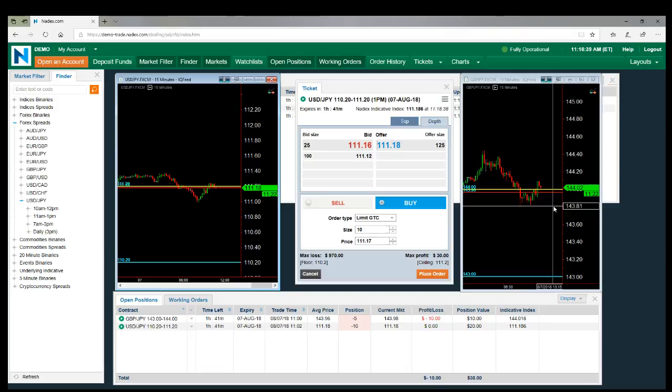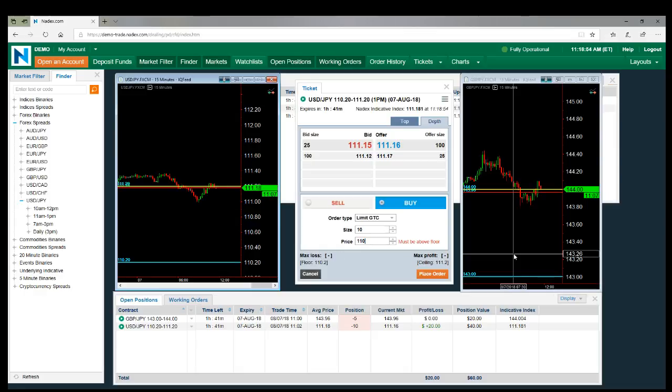For example, if you believe that this will come back down to 143.82, oh, wrong market, over here, 110.98, you could come down. You could say, okay, I think it will go down lower. Let's put in 110.90.